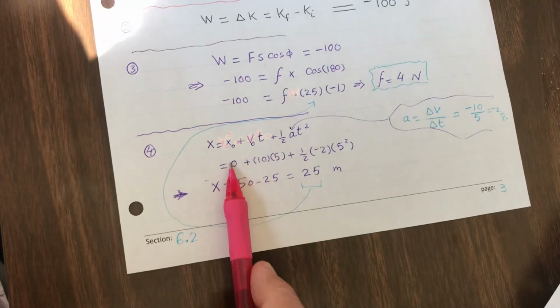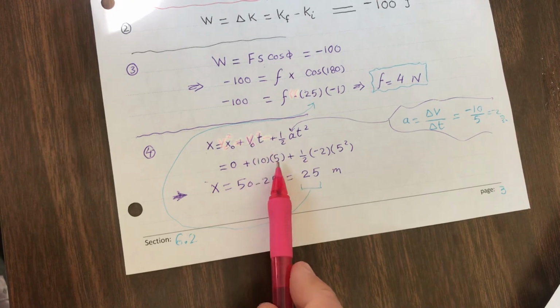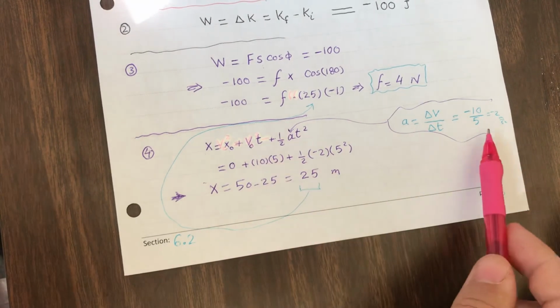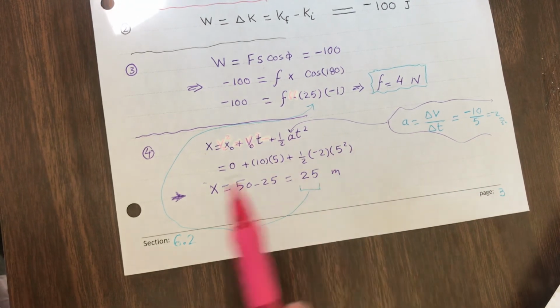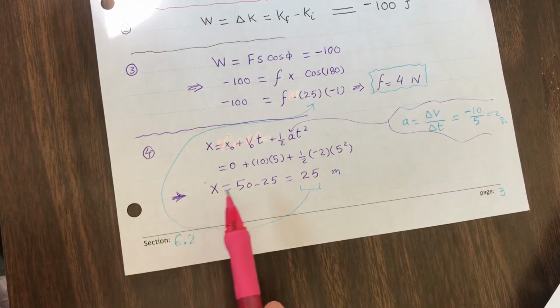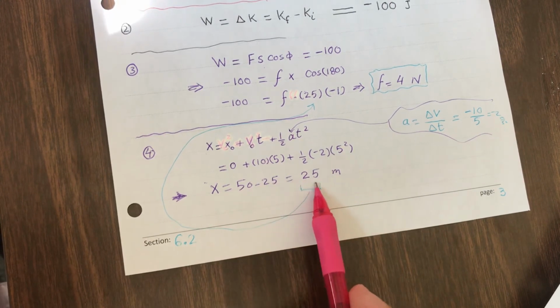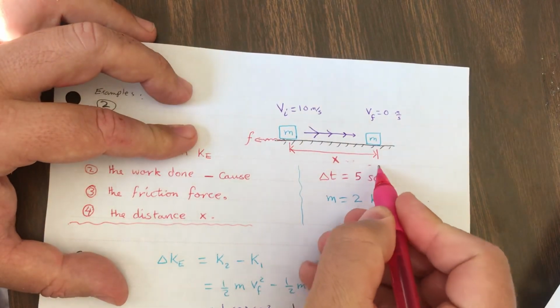Then x0 is 0. V naught is 10, as we know. The time is 5 seconds. Half is half. The acceleration is negative 2, as we computed here. The time is 5. We need to square it. Then x will be equal to 50 minus 25, which is 25 meters. So x is equal to 25 meters.